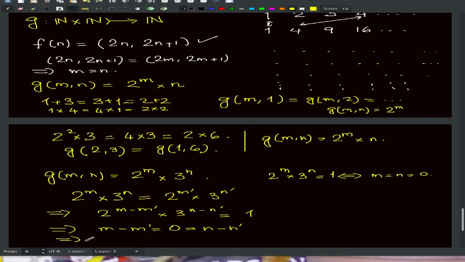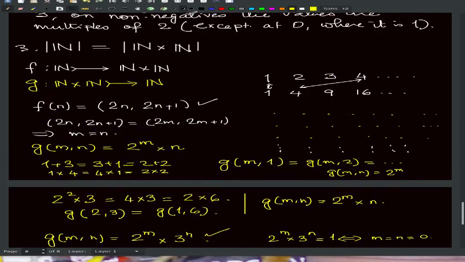So this tells me m is equal to m prime and n is equal to n prime. So this is one such. Correct. So you see, CSB with a little bit of tinkering tells you, okay, this is fine.